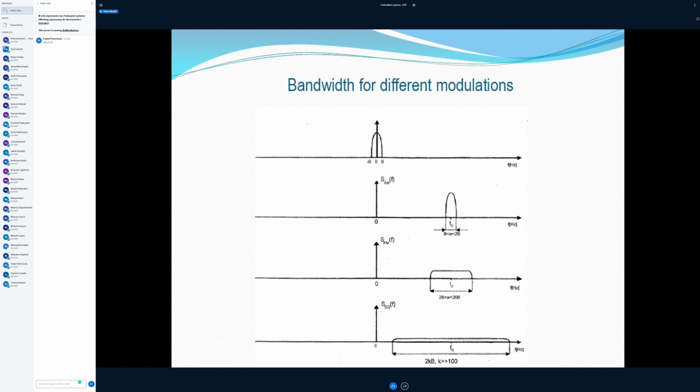If it comes to the frequency domain, we have an even wider band occupied by our modulated signal. You could see here that it is from 2B to 20B.